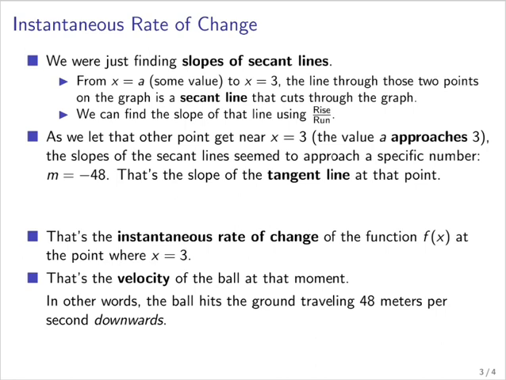And so here's what we really did there. We were just finding slopes of secant lines. If I chose some value x equals a, and we were just using a equals 2, and then 2.5, then 2.9, if I go from x equals a to x equals 3, the line through those 2 points on the graph is a secant line that cuts through the graph.